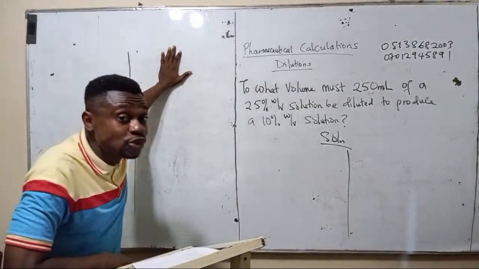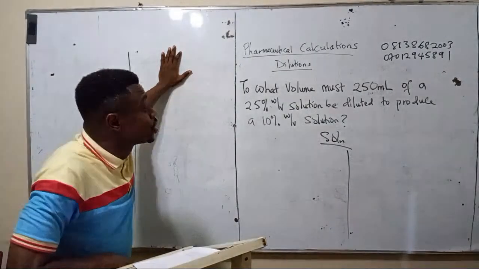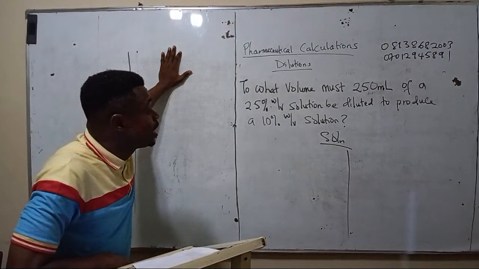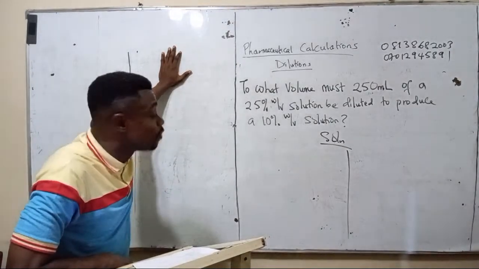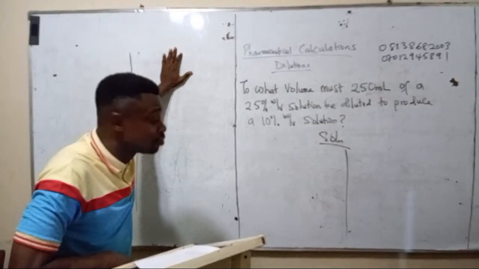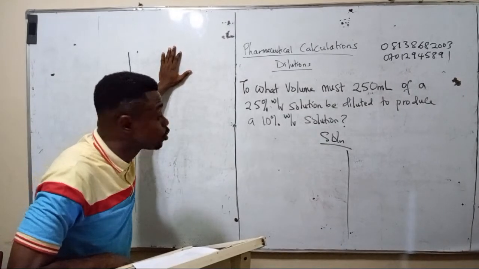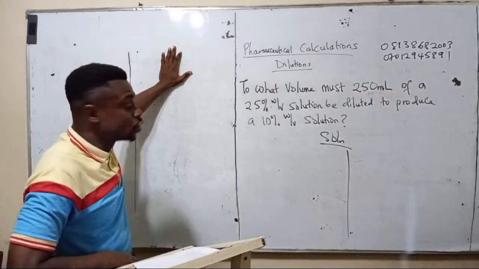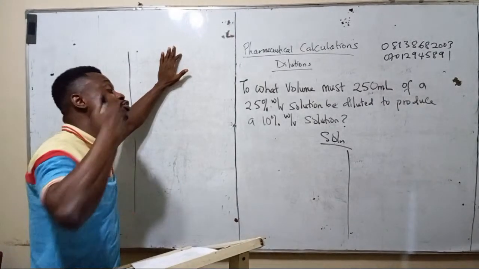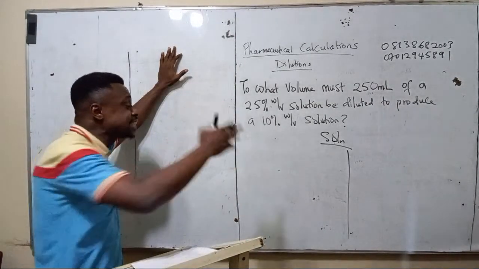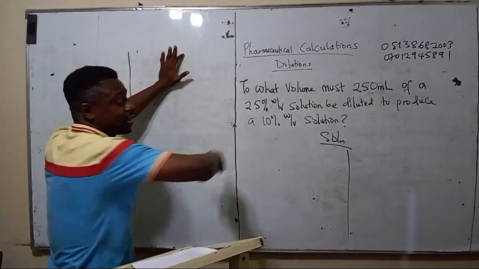So the stock solution is the one that has percentage strength of 25% weight in volume. And the volume of that stock solution is 250 ml. We need to dilute it to produce another solution that has lesser concentration.